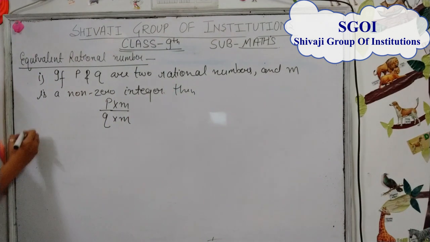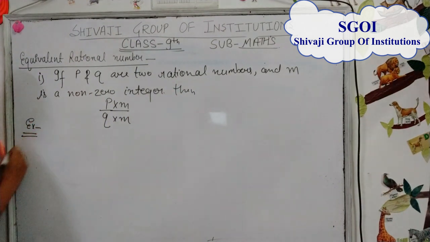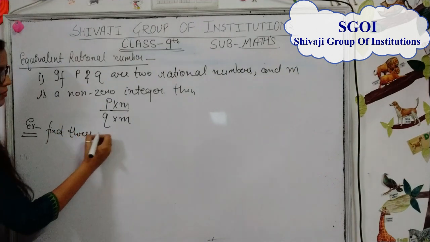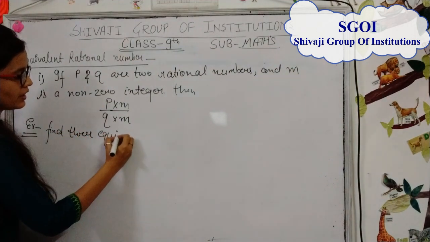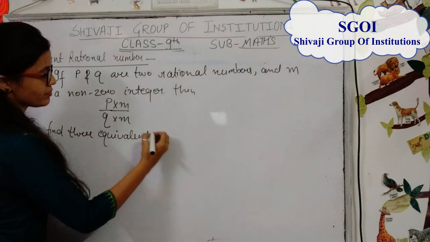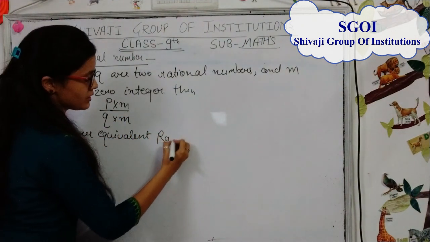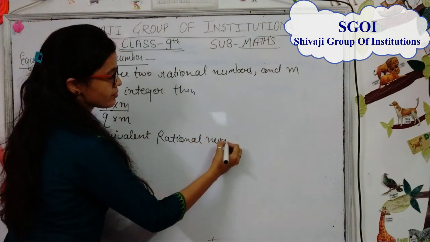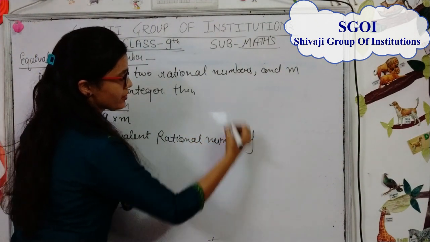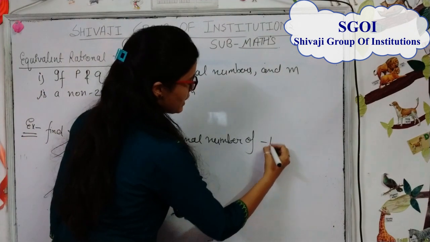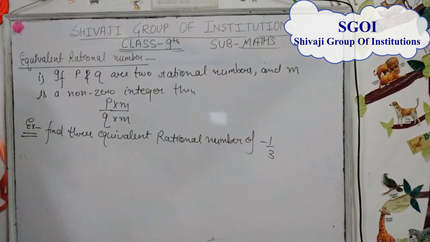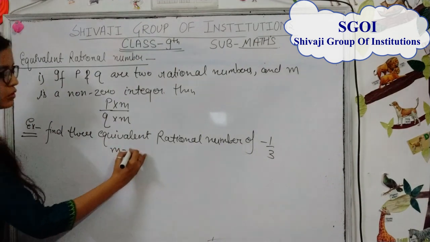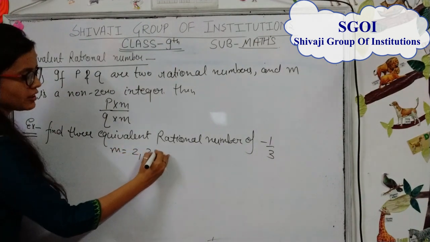For example, find 3 equivalent rational numbers of minus 1 upon 3. In this case, students, we take the value of m as 2, 3, 4.